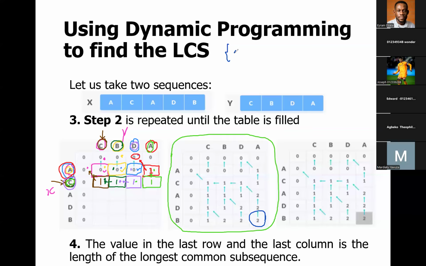Anyone? We can have CD. Sorry, let me write it well. CB. We can have CB. CA. We can have CA.